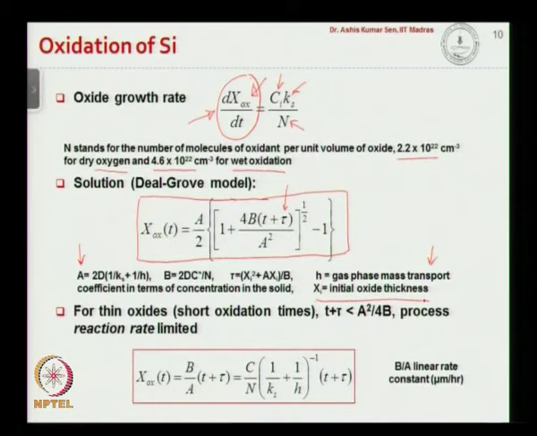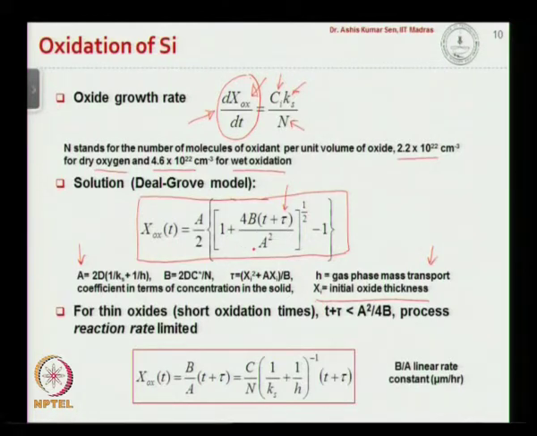And xi, as I said, is the initial oxide thickness. Now if you consider that the oxide layer is very thin, that means we are talking about the beginning of the oxidation, then for small oxidation time, t plus tau will be small compared to A squared over 4B, and then we can expand this and bring the half as a coefficient.